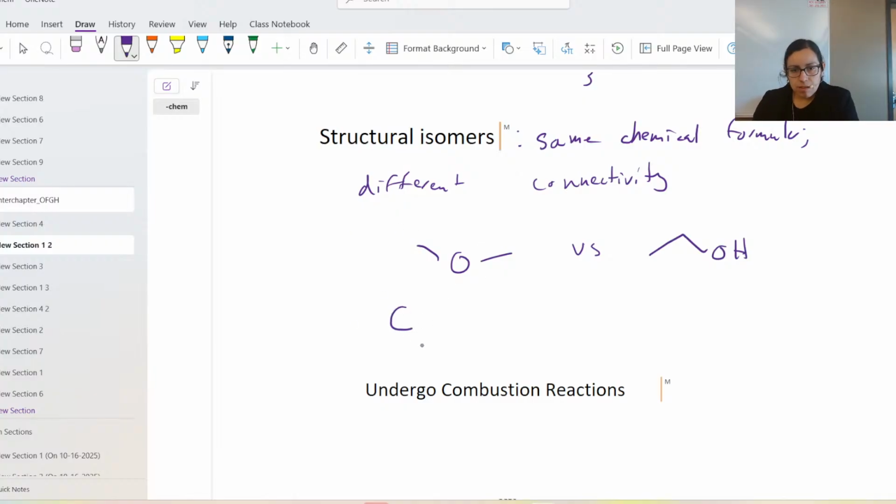So this is C2H6O. But again, this is an ether, versus still C2H6O, right? 1, 2, 3, 4, 5, 6. But the way that this is written, it doesn't show that this is an alcohol versus the ether.